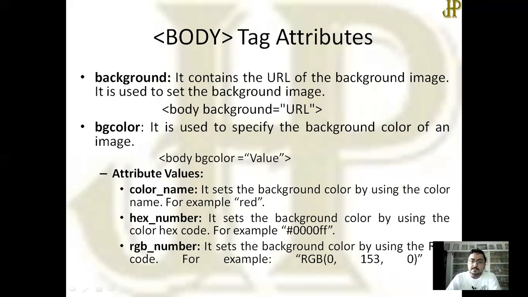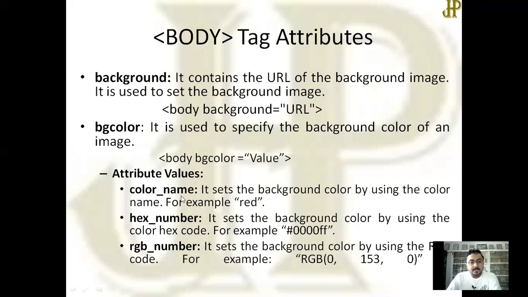Other than this, if you don't want to insert an image, you want to change the background color of the web page, then you have to use the bgcolor attribute, bgcolor. And the value you can supply in 3 ways.